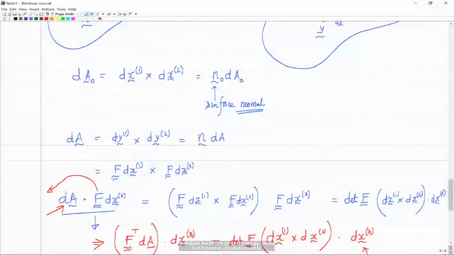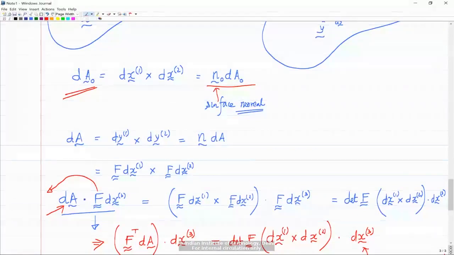You mean dA naught is equal to n naught into dA naught? Sir, both dA naught and dA you write in terms of surface normal n naught. So will the surface normal be different or same?